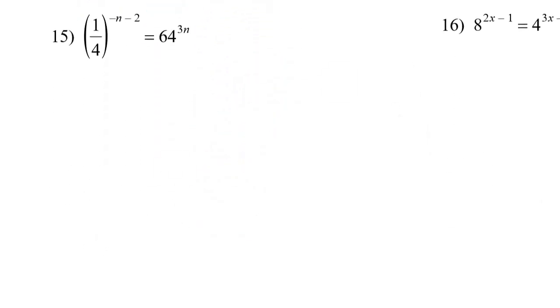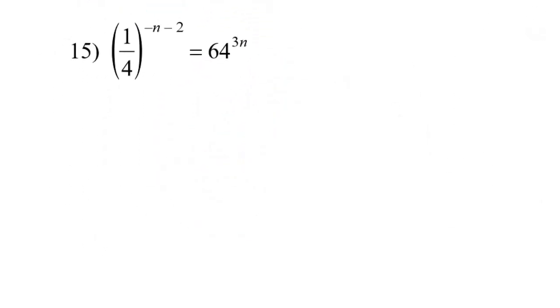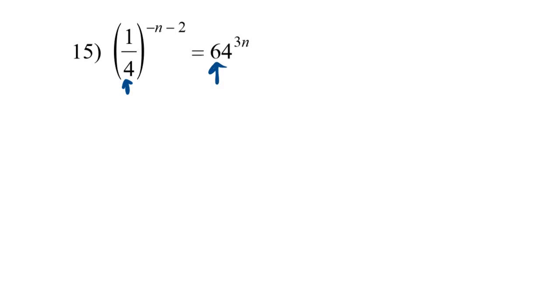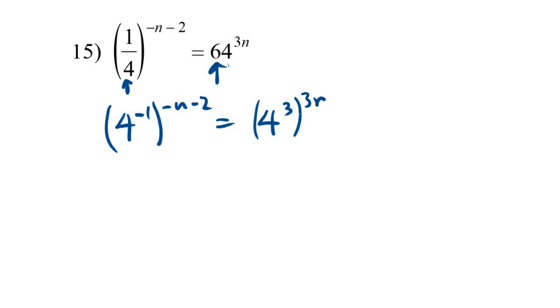Look at number 15 right here. I need to set this 1/4 as a base of 2. Well, I could, or I could just do base of 4, because 64 can be written as a base of 4. So we can have 4 to the power of negative 1 all to the power of negative n minus 2, and then 4 to the power of 3 to the power of 3n.